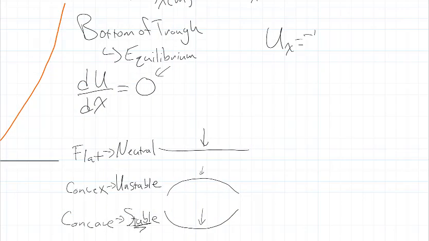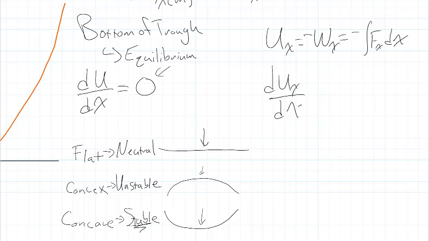So we know that U in a certain direction x is going to be the opposite of the work done in x, which is just minus the integral of a force in x, dx. And so then it stands to reason that if we want to think about what dU/dx actually is, well, if an integral is just an antiderivative, then the derivative of U with respect to x is simply going to be the force in the x direction.